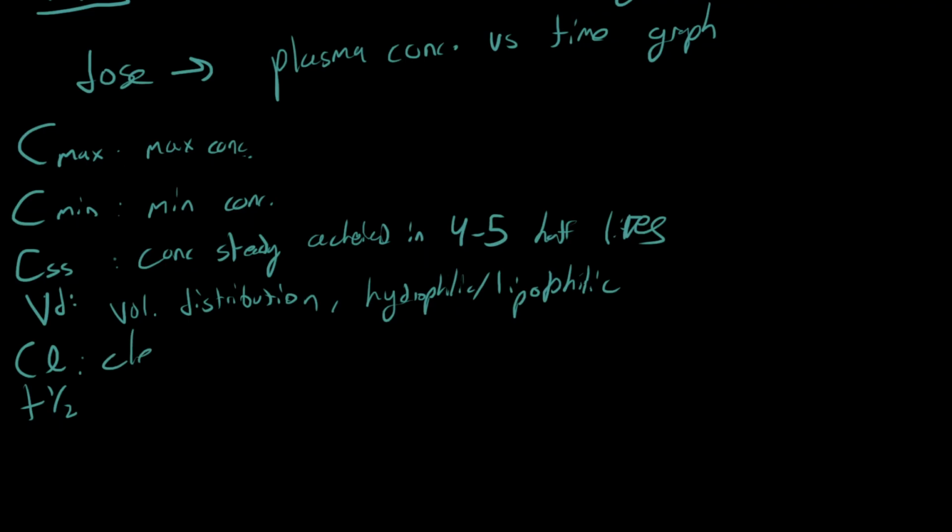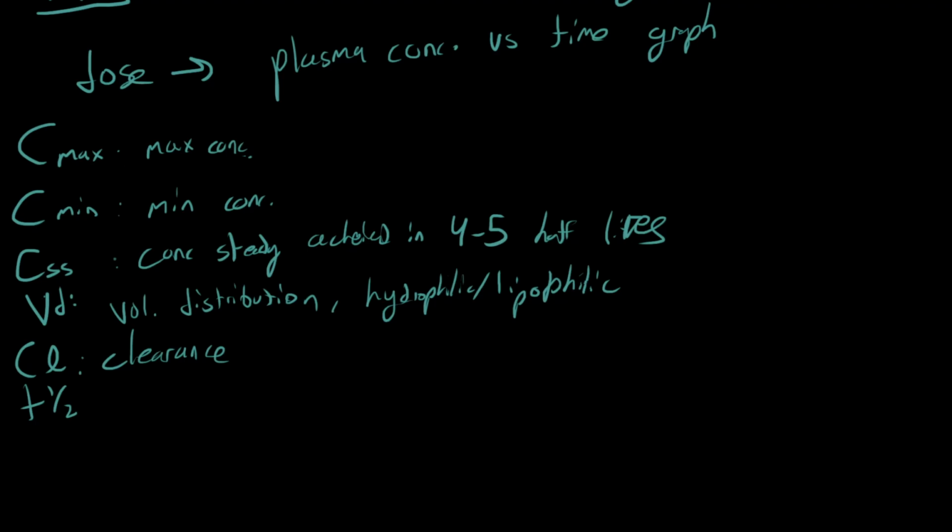Clearance is the value of how you get rid of a drug. This is mainly tied into your renal clearance and your hepatic clearance, which are the two main clearing organs in the body.